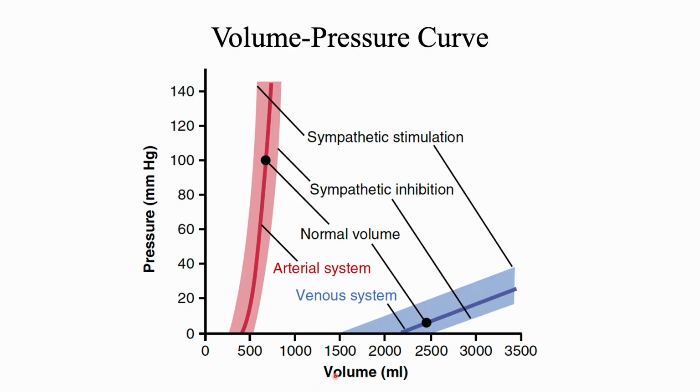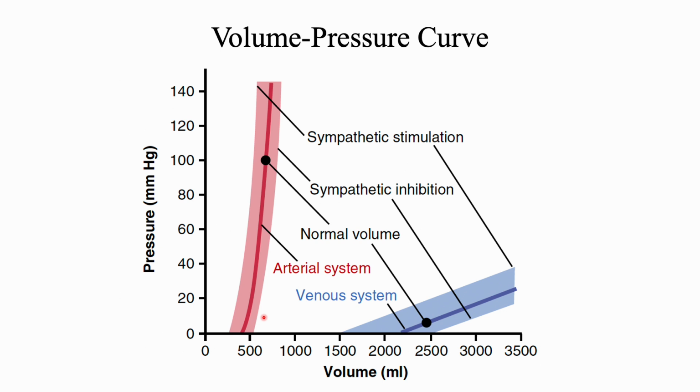We can study compliance better by studying this figure, which shows the volume pressure curve, and the red one is the arterial system, whereas the blue one is the venous system. So we want to see how the change in volume would be accompanied by a change in pressure in both the arterial system and the venous system.